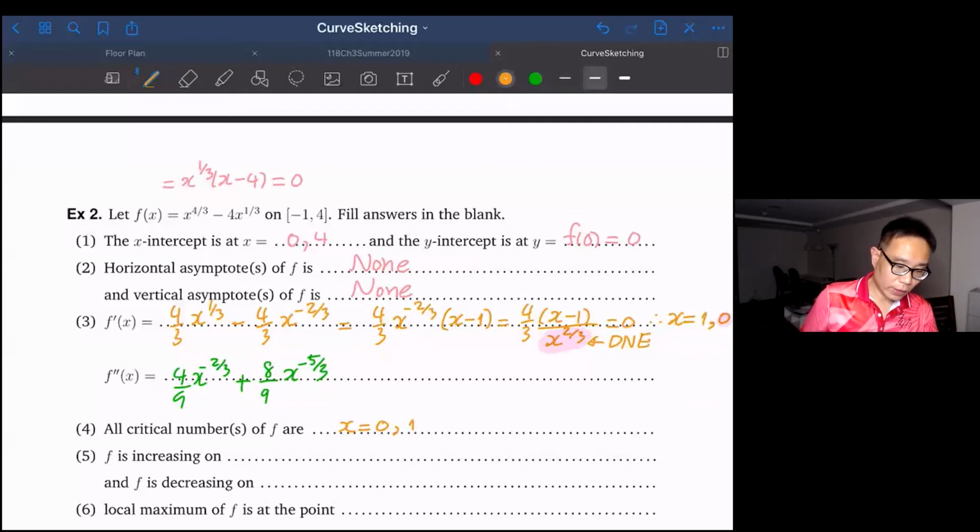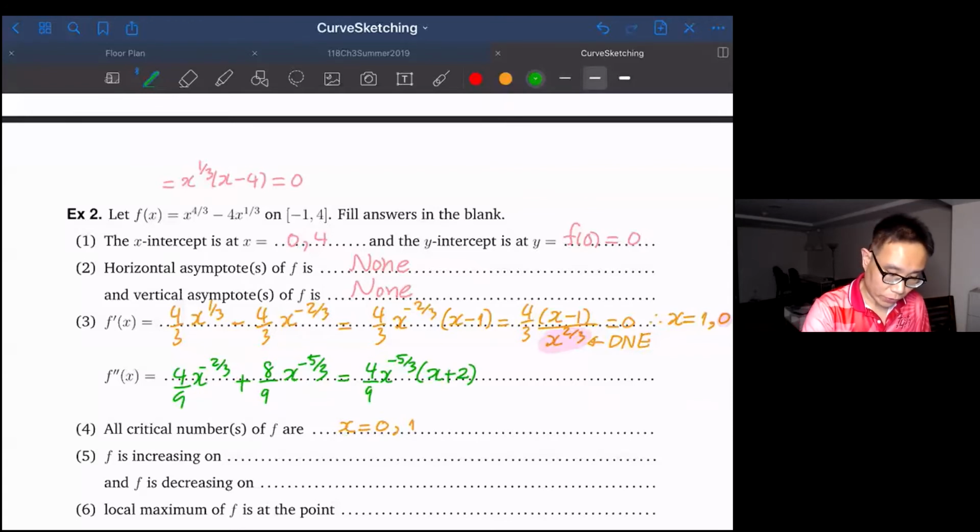For the next one, you're gonna find the point where you have f double prime equal to 0. So in the second derivative, you get 4/9 x to the negative 5/3, and you have x plus 2.